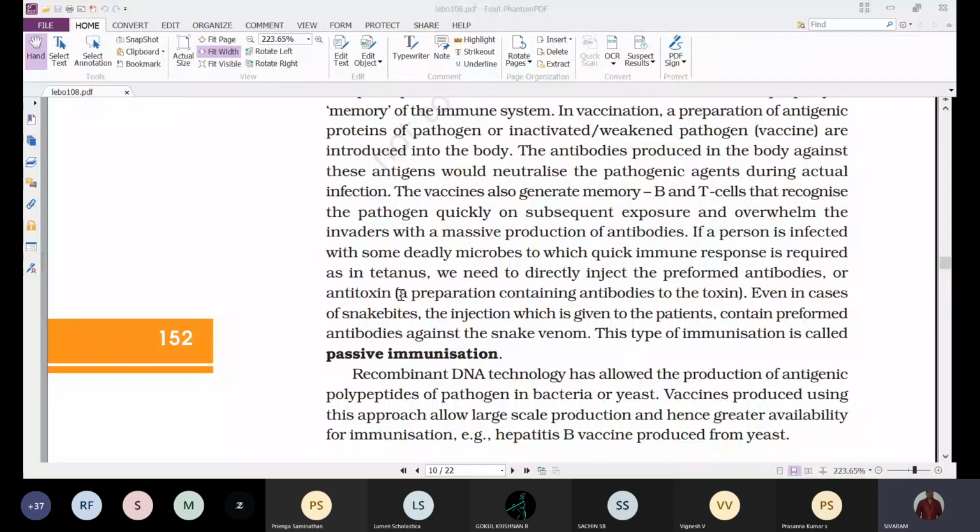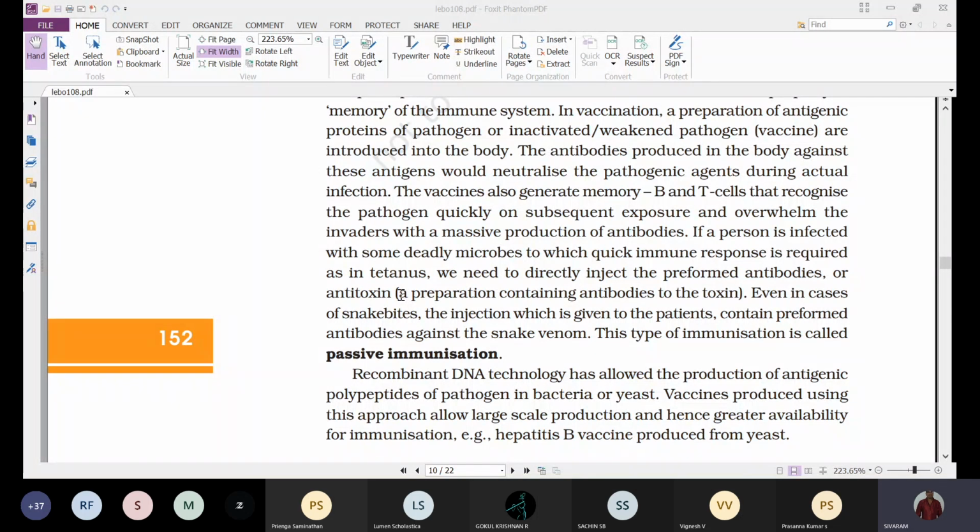So if you are giving ready-made antibodies, not to protect but to cure the disease because the person is already infected, then such a process we are calling immunization. Even in the case of snake bites, the injection given to patients contains preformed antibodies against the snake venom.